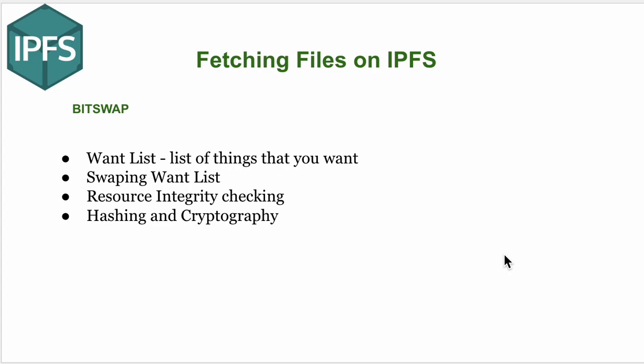So once you get the hash, what happens is that when a file is hosted, a hash, like I said, is generated, and you can share that hash with any of your friends or anybody who wants to access your content.